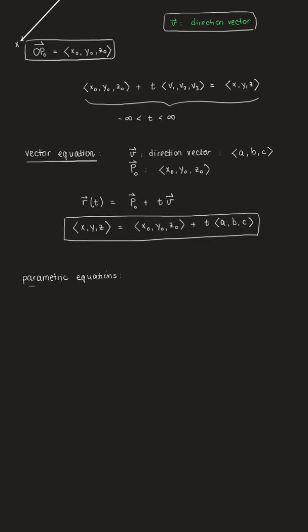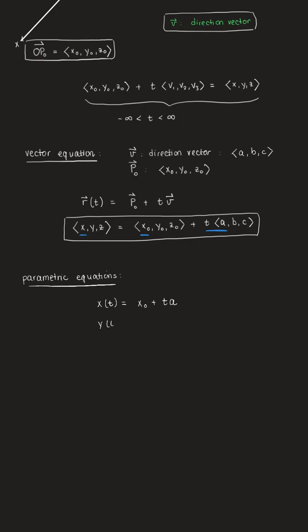So reading off our components from our vector equation, we see that x, let's call it x of t because we have a parameter t, equals x0 plus t times a. That will generate all of the x coordinates on our line, no matter what value of t we put in.